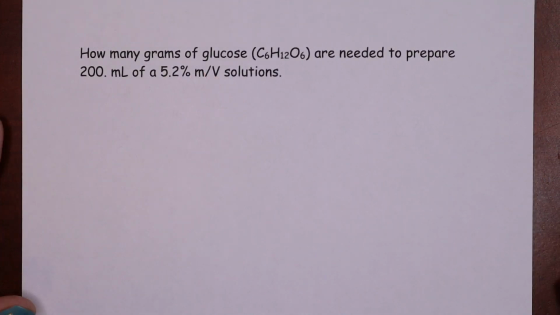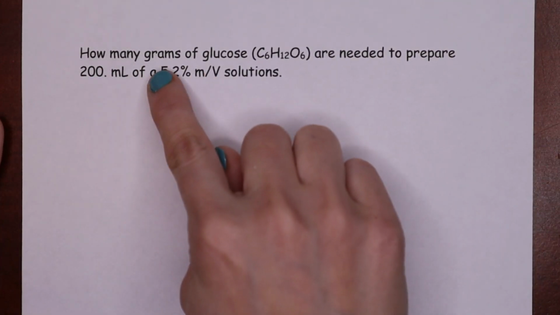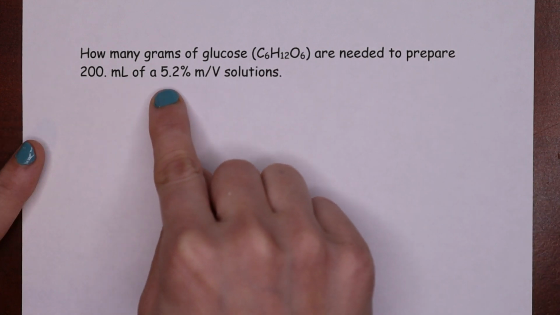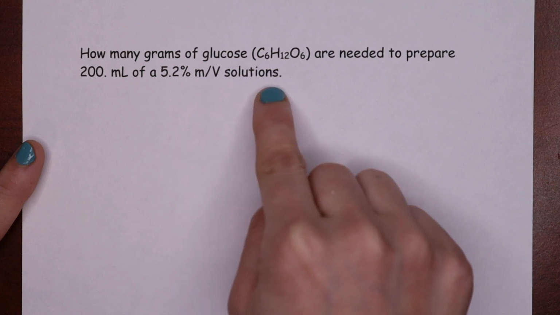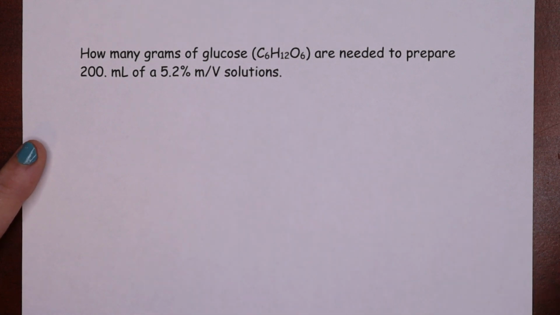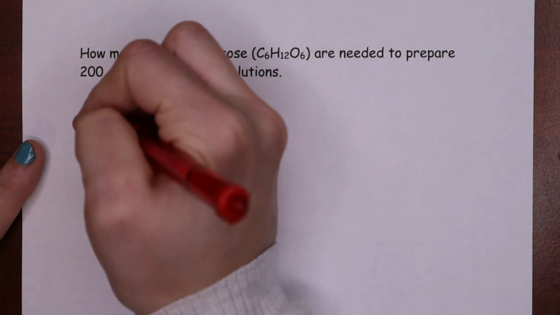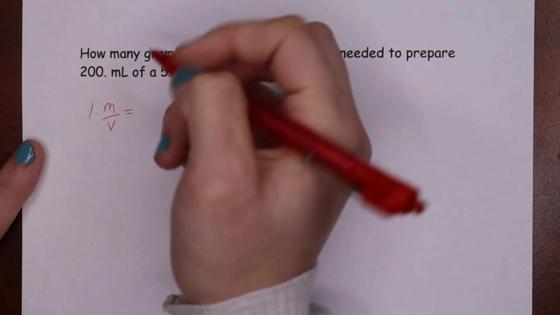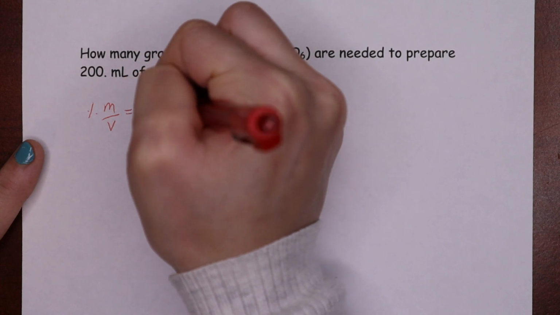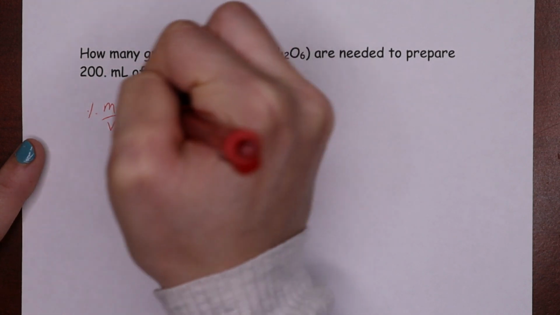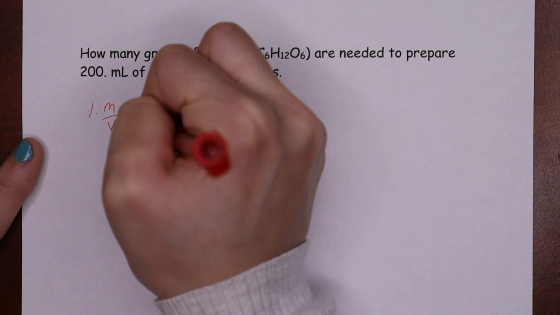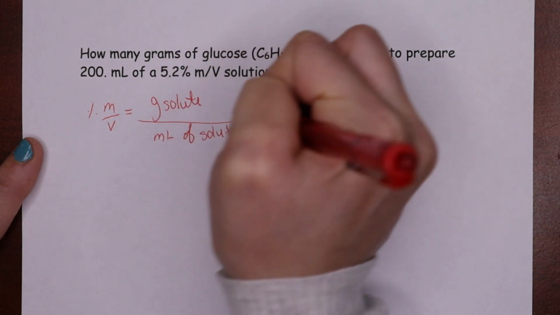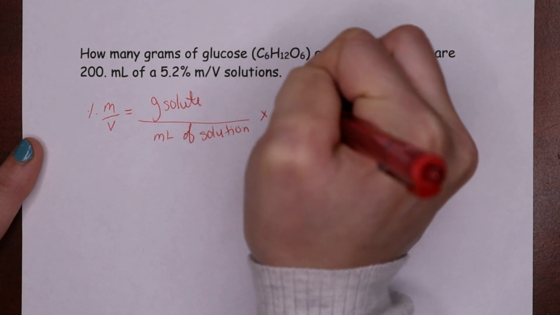The following question is asking us, how many grams of glucose are needed to prepare 200 milliliters of a 5.2% MV solution? So once again, we're going to have to use this equation. Grams of solute over milliliters of solution times 100%.